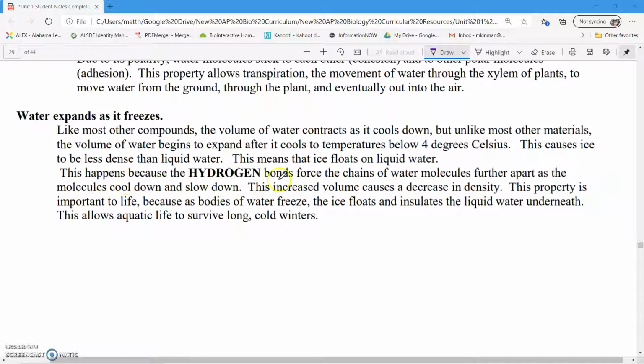This happens because hydrogen bonds force the chains of water molecules further apart as the molecules cool down and slow down. This increased volume causes a decrease in density. This property is important to life because as bodies of water freeze, the ice floats up and insulates the liquid water underneath. This allows aquatic life to survive long, cold winters.